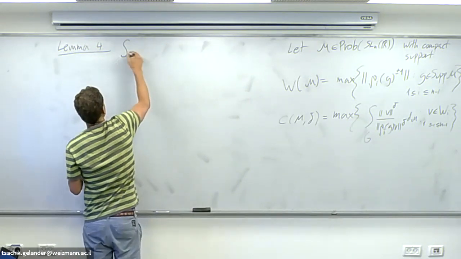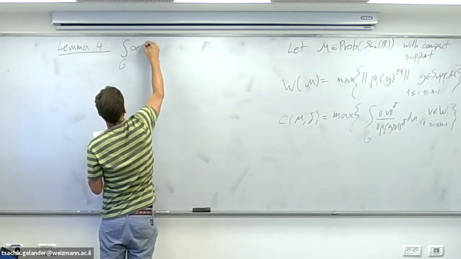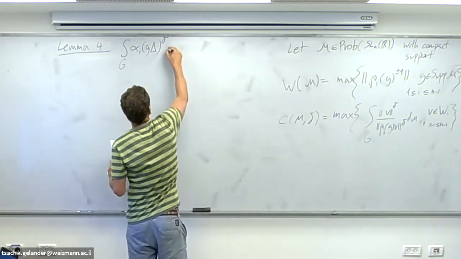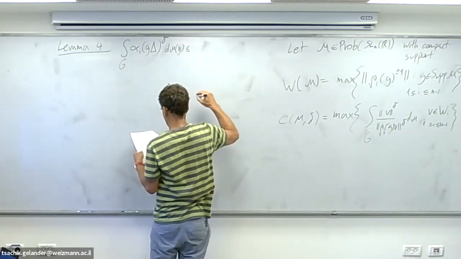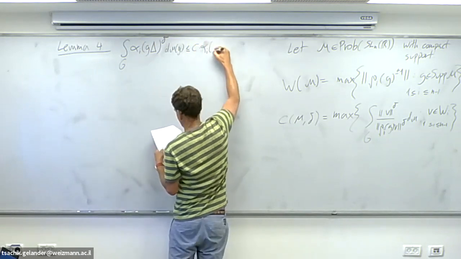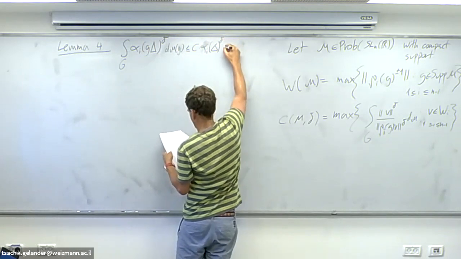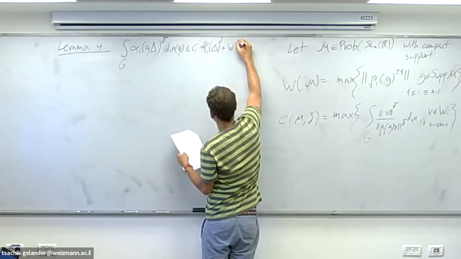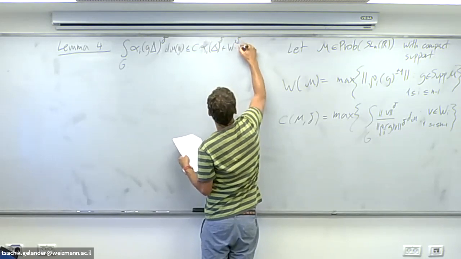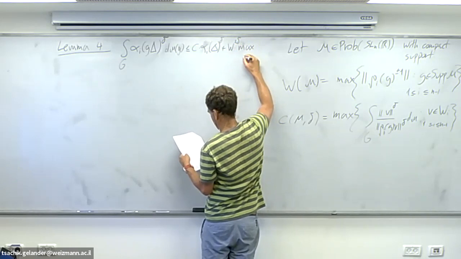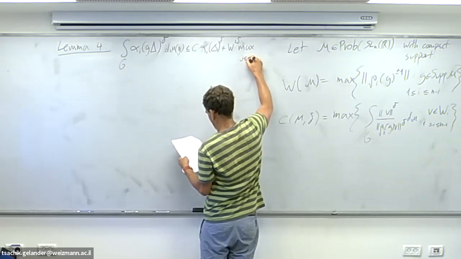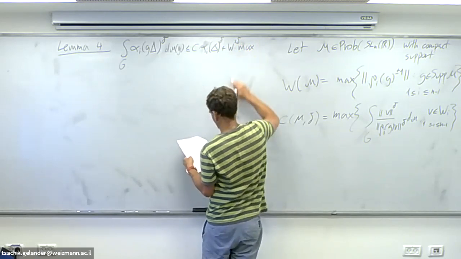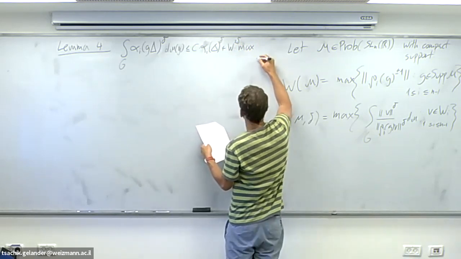So the integral over G of alpha I of G delta, with respect to dμg, is bounded by C times alpha I delta plus W to delta times the maximum over J smaller than... Overall, I think that this makes sense.